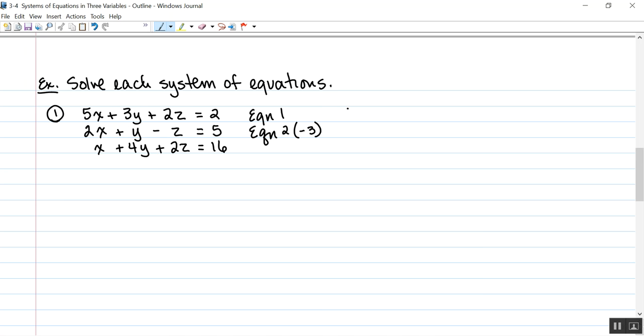So let's just write those again. That's going to be 5x plus 3y plus 2z equals 2. And now multiplying the second equation by -3 gives me -6x minus 3y plus 3z equals -15.